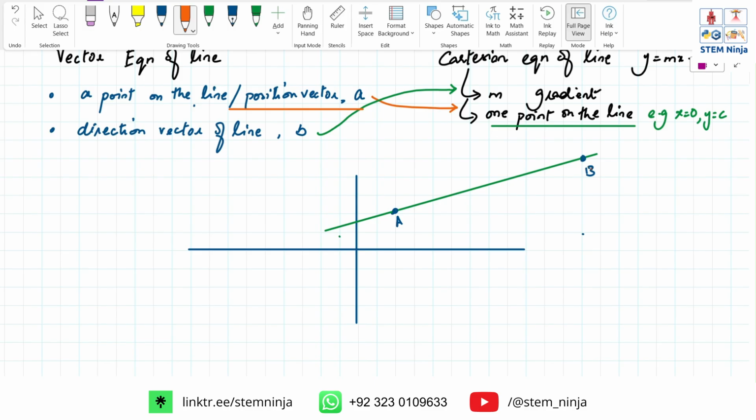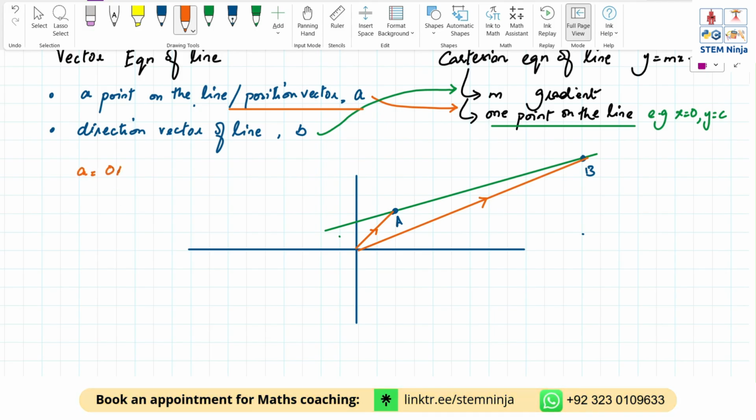It could be A, it could be B. There is absolutely no restriction that we have to start with A or B. So A could be OA, or your A could be OB also.